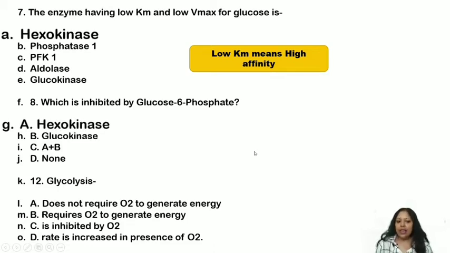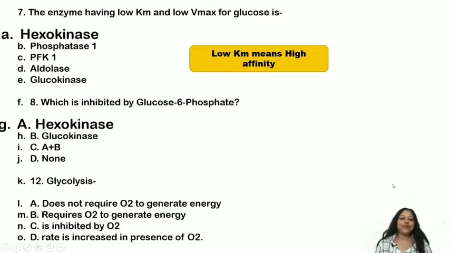So the correct option is only hexokinase. See, do not confuse with the options A plus B or B plus C every time. These are not correct every time. So you need to be very clear with your concepts. These options are given to you to make you confused. But if your concepts are clear, no one can confuse you, correct?